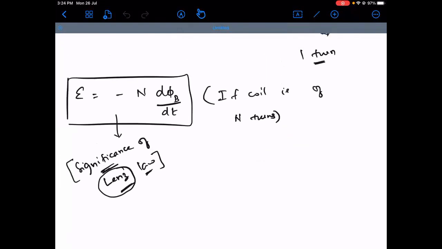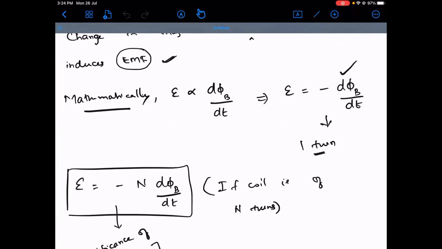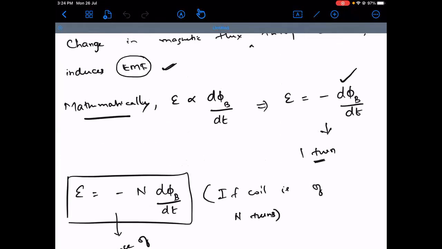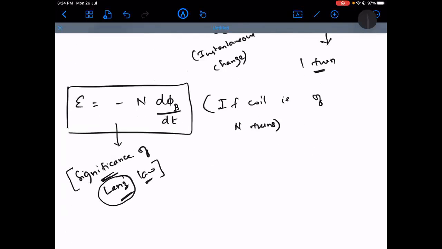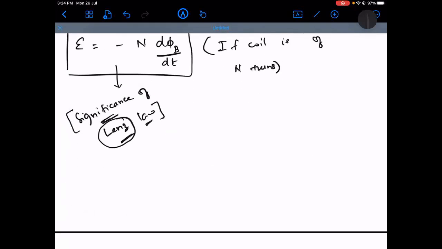So this d phi B by dt is called the instantaneous change of flux. I'm sure by now you know what the opposite of instantaneous change is. It's called average change.